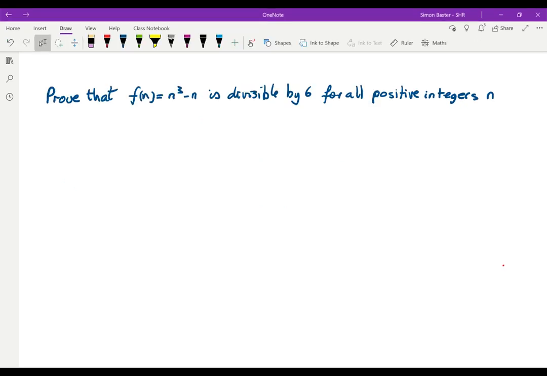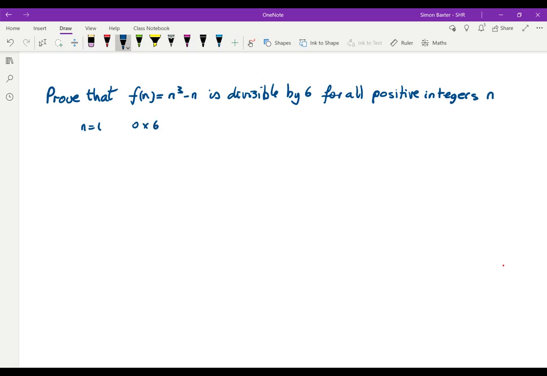Let's look at another divisibility problem, similar to the previous one, but has certain differences. Let's first of all make sure that this is sensible. What happens if I put n equal to 1? 1 cubed minus 1 is 0, which I can think of as 0 times 6.